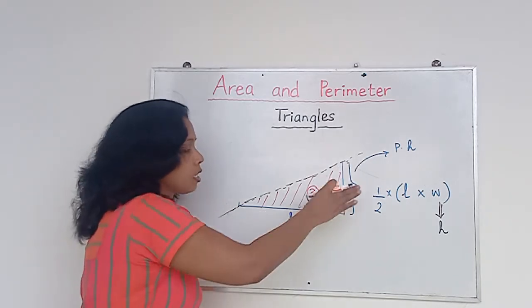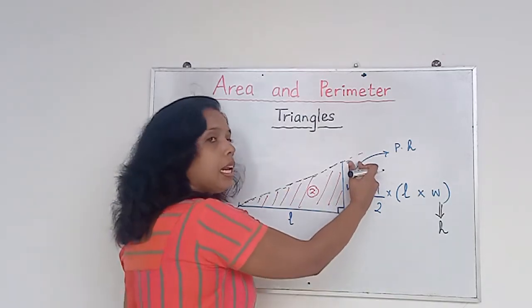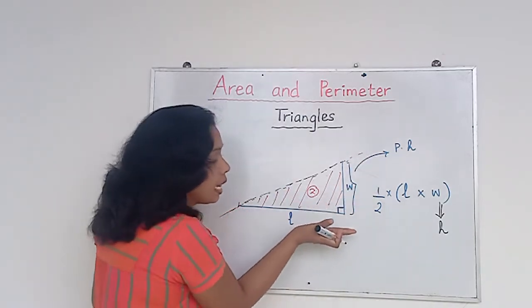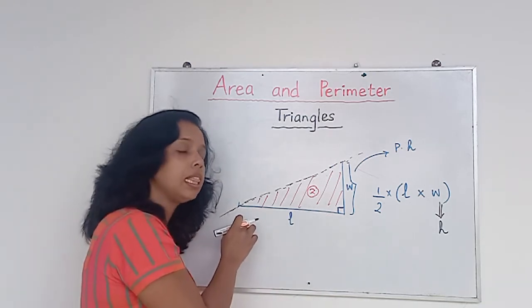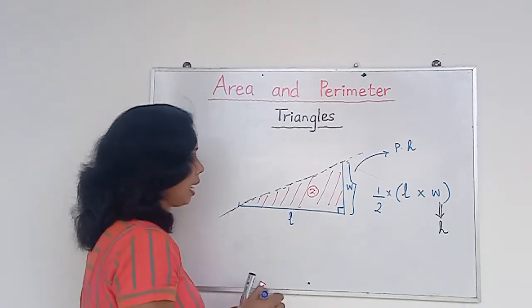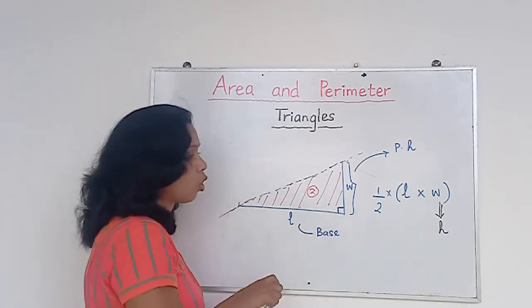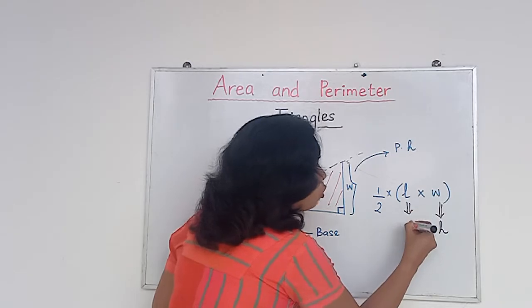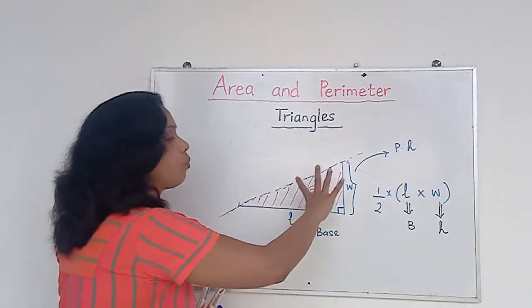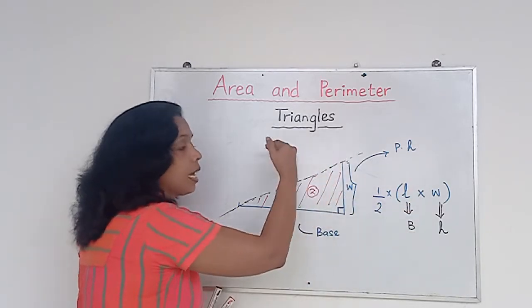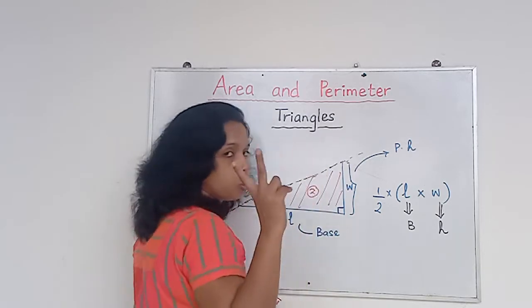Now this perpendicular height is drawn against this side. So that is the base of this perpendicular height. If so, this side should be the base. So I name this the base. If so, instead of L, now I am going to use B. Children, now tell me, earlier I had a rectangle and I cut it exactly into two parts.